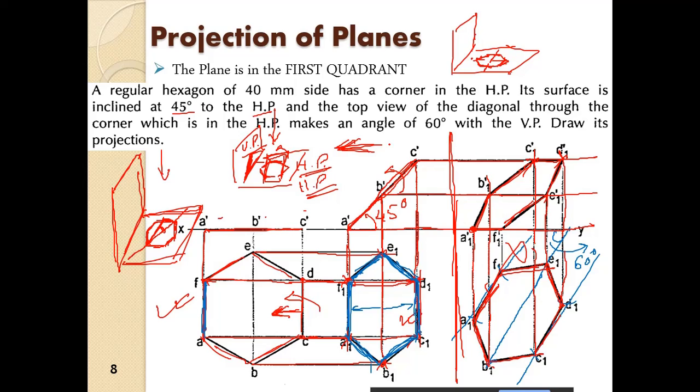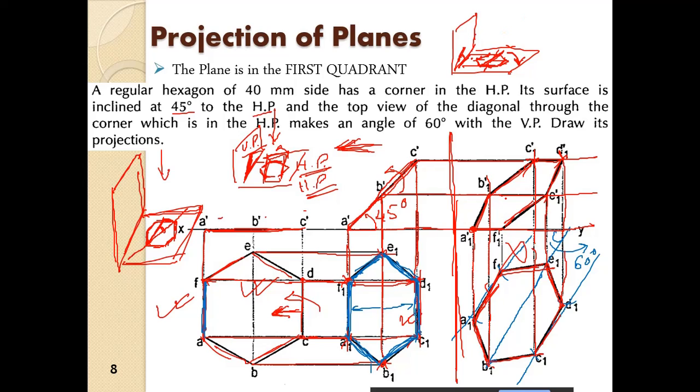Okay, so this is the state at this position. Then about this edge, if I project this point here, this is what I get. Then it is rotated by 45 degree. Okay, then what is done is to make this diameter equal to 60 degree, so it is rotated in this manner.